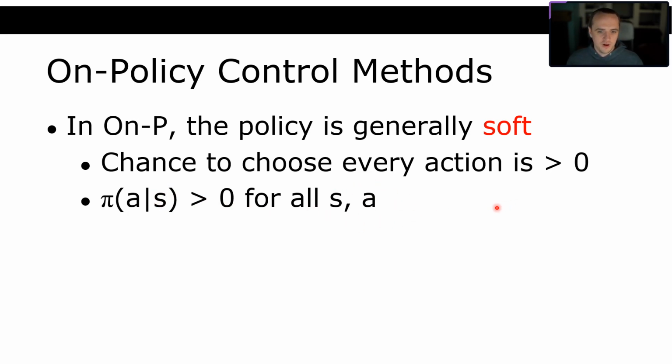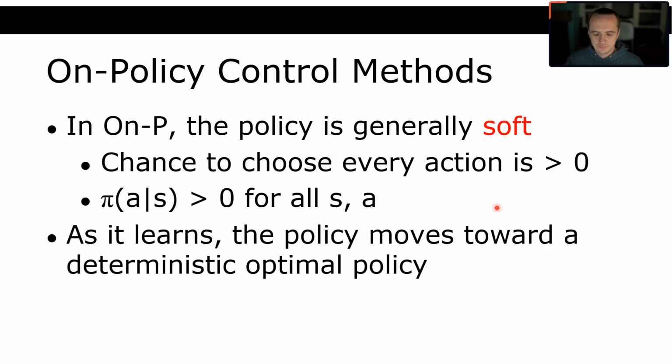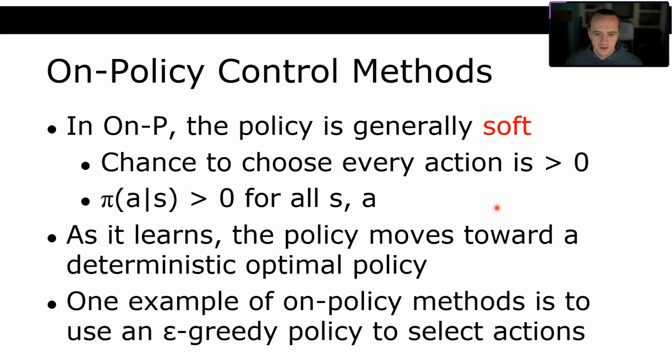So a soft policy means that every action has at least some probability of being chosen. As it learns, the policy moves toward a deterministic optimal policy, but it's still always going to have some chance of choosing all actions. An example of on-policy methods is to use an epsilon greedy policy to select actions.